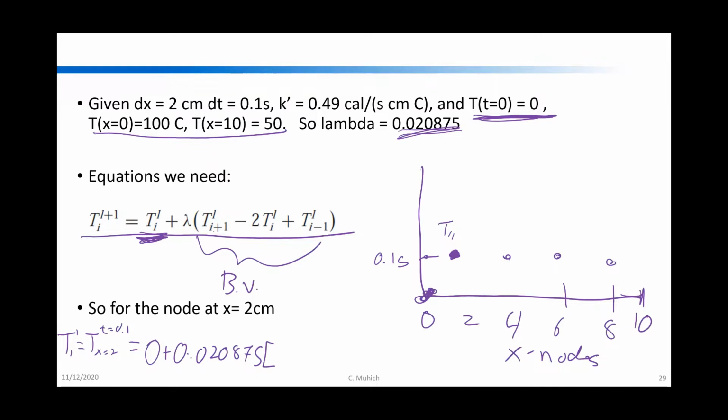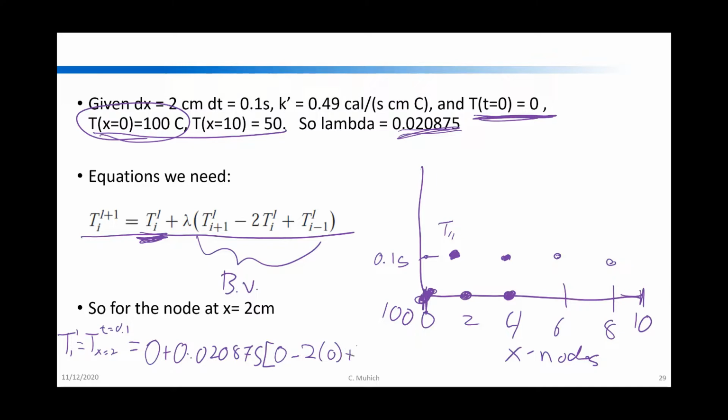So we need to look right. So we need to look at point 4, but we need to look at point 4 where it previously was. So previously, we said that initially it was all 0. So that's easy, so that goes in as 0. Minus 2 times my previous value at that, also 0, right? Because that was the initial value. And now I need to look backwards to the edge. Well, in this case, this edge value is 100 coming from that boundary value condition.